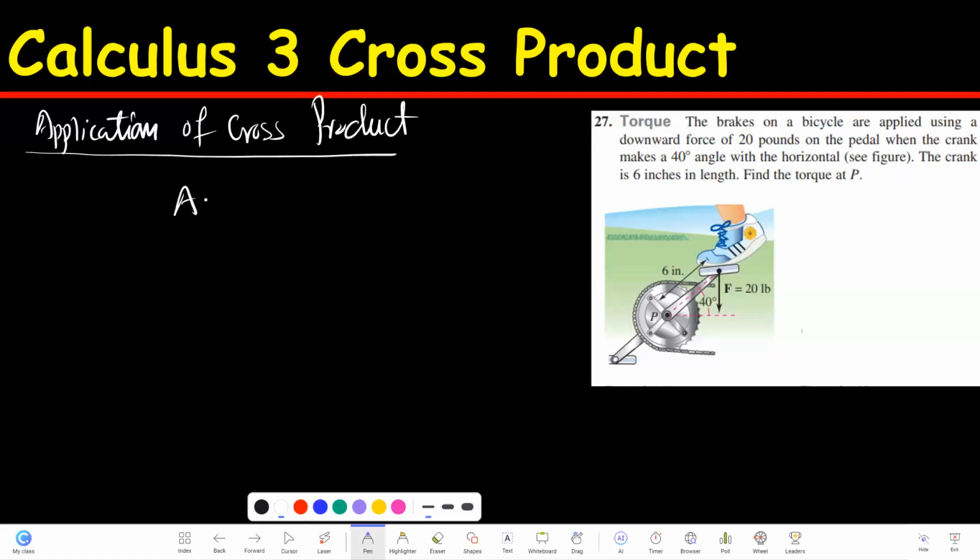So I usually say A cross B equals C. And this C is 90 degrees to both A and B.